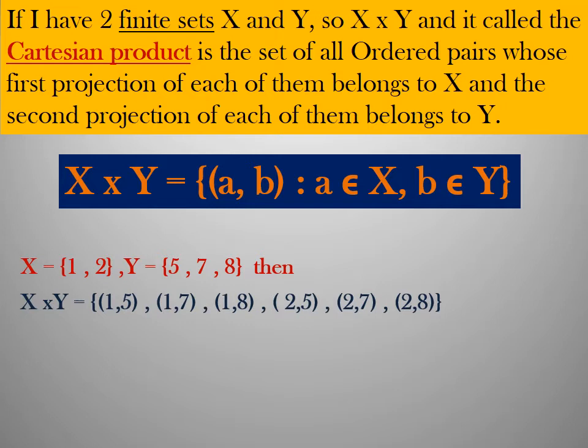So I will have a set, and then I will take my first item in x, which is 1, and I will distribute it on every item in y. So I will have ordered pairs (1,5), (1,7), (1,8). Then I will use 2. So it will be (2,5), (2,7), (2,8). That's all. But be careful.